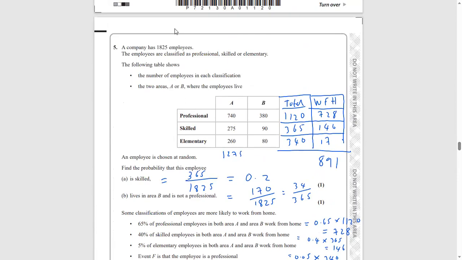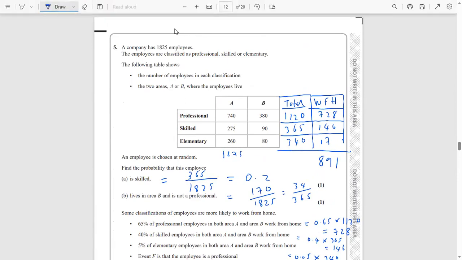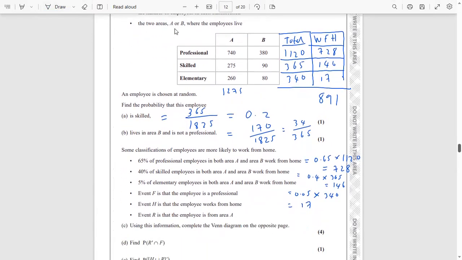So professional employees, we're going to go to this column here. Professional employees who live in area A and work from home. So using the information in the question, 65% of professional employees in both area A and B work from home.